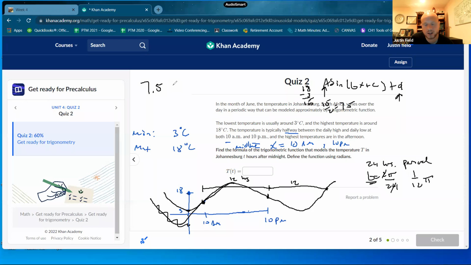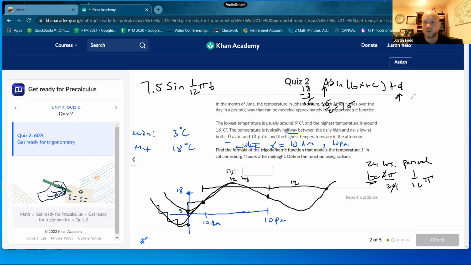And it's looking like I could shift the midline back to 0, 0. So I'm going to choose sine. Oh, I already got my b value of 1/12 pi, and our variable is t.